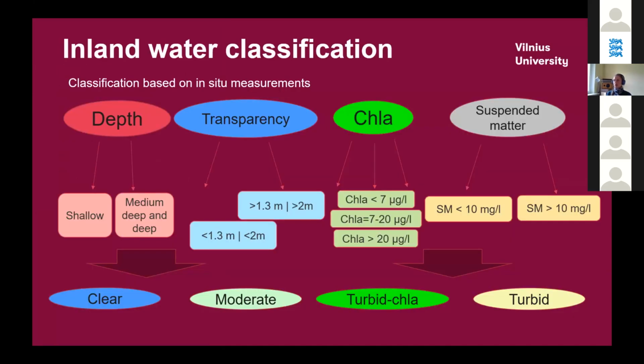So moving on to the classification, we aim to classify inland waters to water types based on the often routinely measured according to monitoring programs water quality parameters such as transparency, chlorophyll concentration, and suspended matter data.